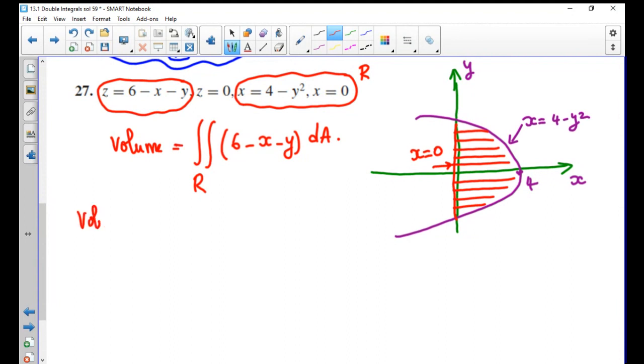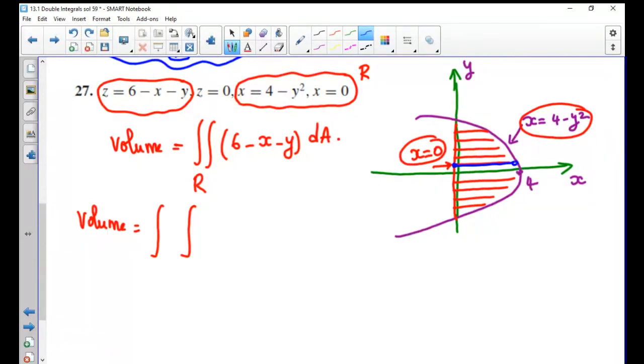So this volume then will be the integral over R. Now, if you want to integrate in this region R, look at it the way it is. Is it better to start with integration with respect to x or y? Yes, x is better.